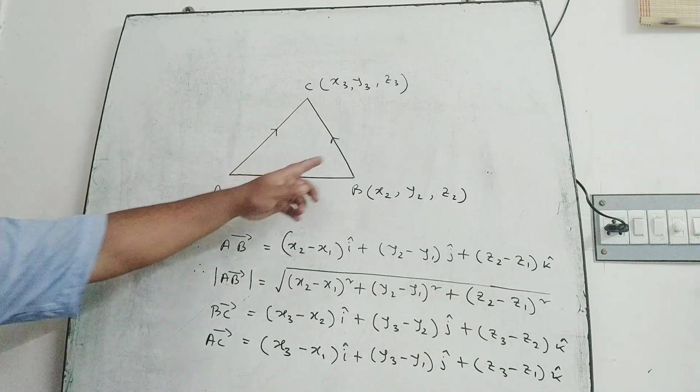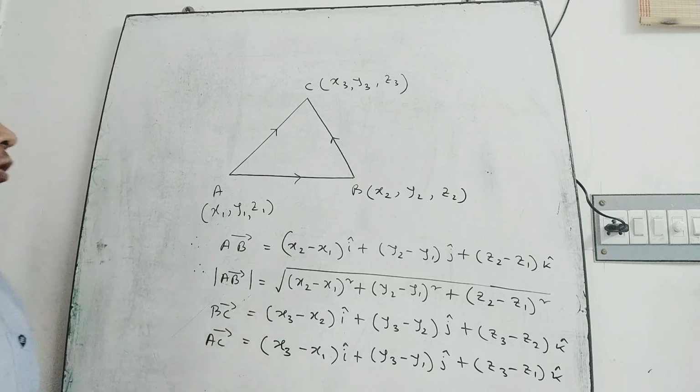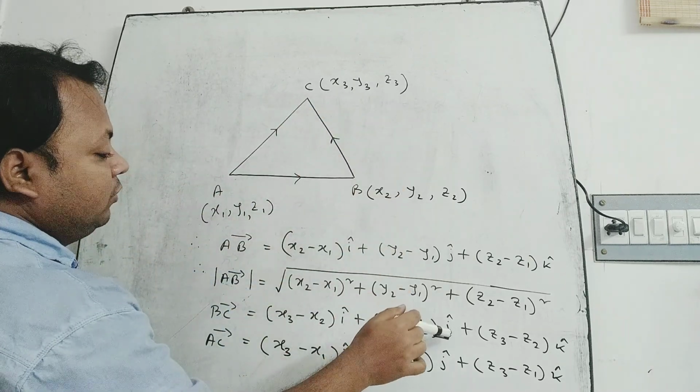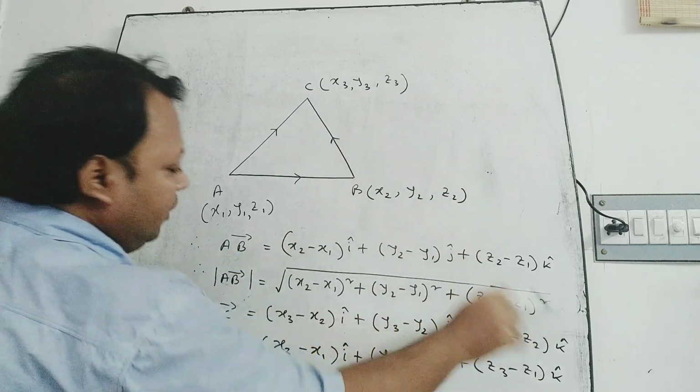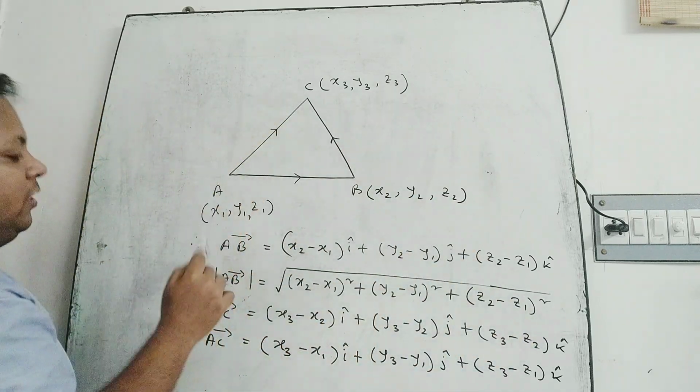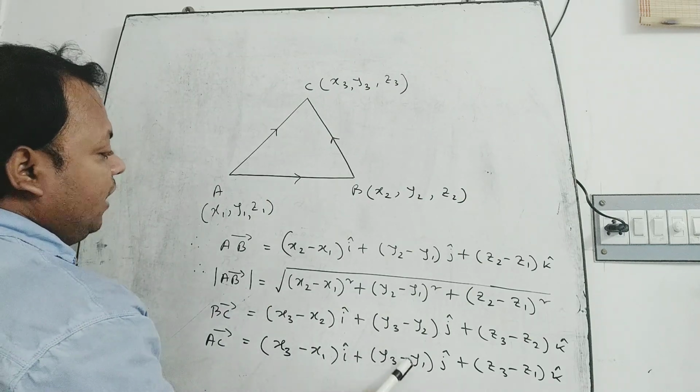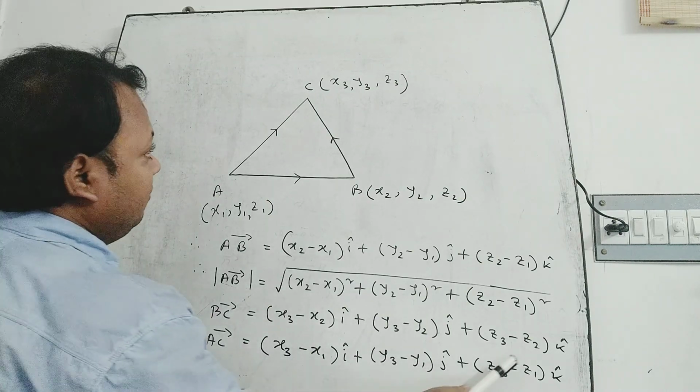BC vector is equal to (x3 minus x2) i cap plus (y3 minus y2) j cap plus (z3 minus z2) k cap, and AC vector is equal to (x3 minus x1) i cap plus (y3 minus y1) j cap plus (z3 minus z1) k cap.